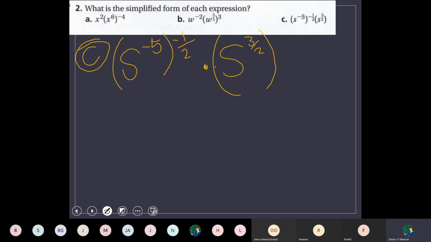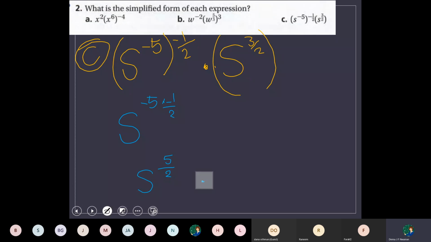So by using the order of operations, I will multiply the exponents. So it will be s to the power negative 5 times negative 1 over 2, which is 5 over 2.